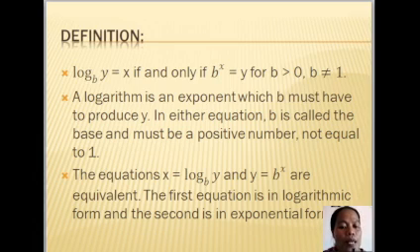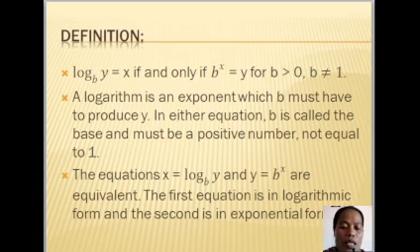A logarithm is an exponent which b must have to produce y. In either equation, b is called the base and must be a positive number not equal to 1. And the equations x is equal to logarithm of y to the base b and y is equal to b to the power of x are equivalent, or they are the same.